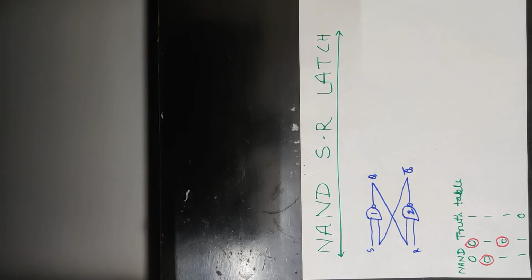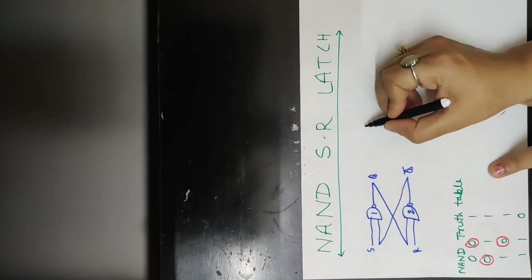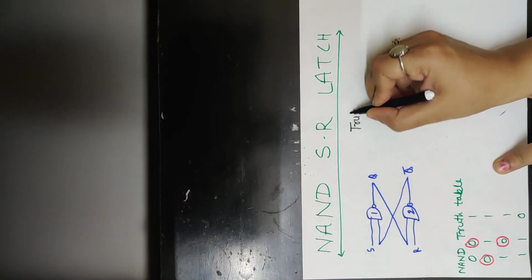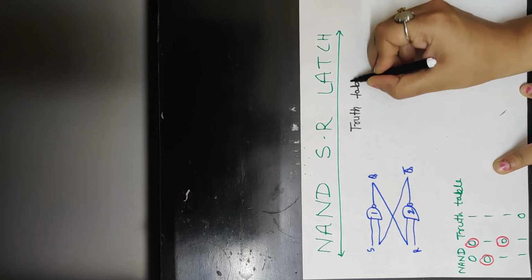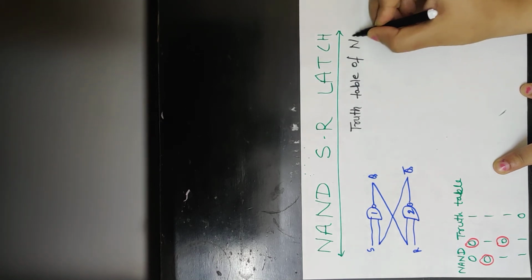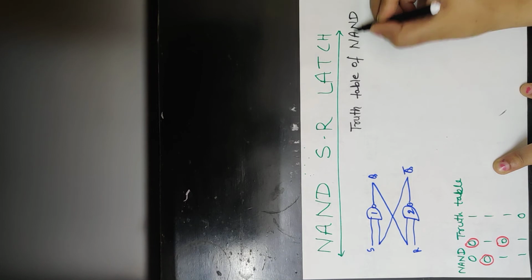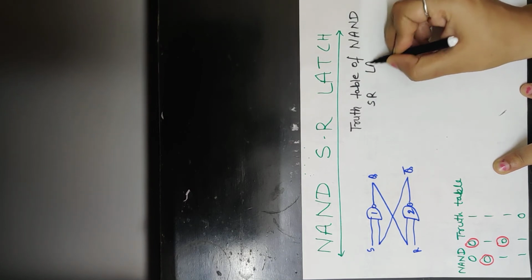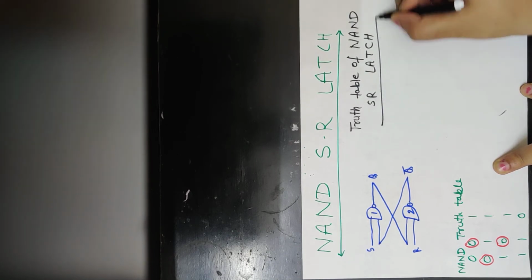So now we understand the working, the truth table, of this latch with the help of the truth table. Clear? So again, we will draw the truth table of the NAND SR latch to understand the working.